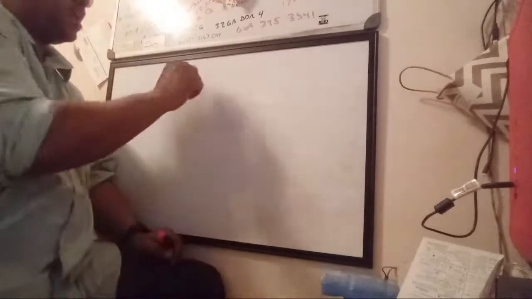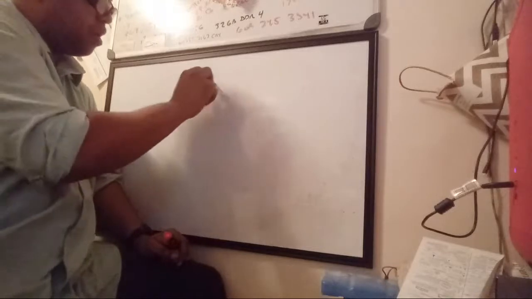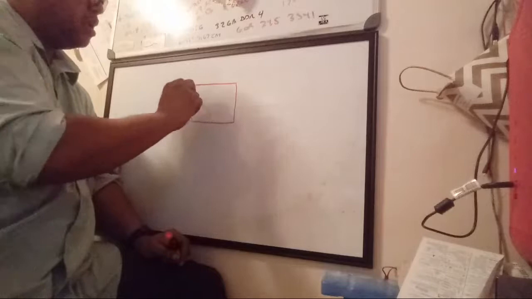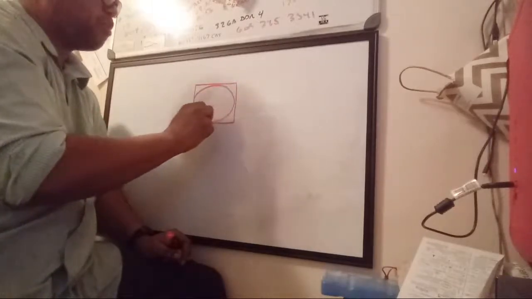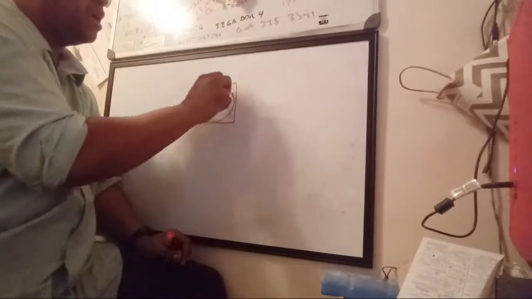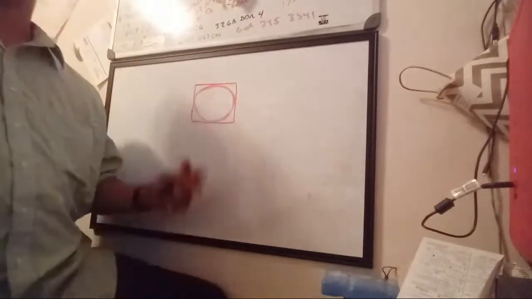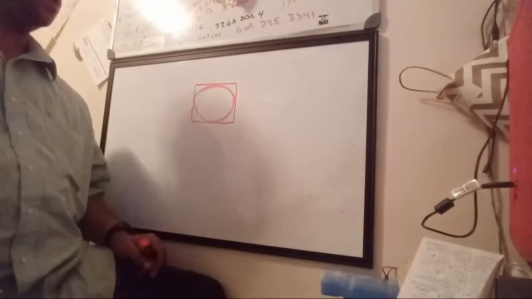This means that, and I'm going to try to, I'm not an artist. But the square is circumscribed around a circle, so a circle fits perfectly within the square. That's what that means when we say find a square being circumscribed about a circle.